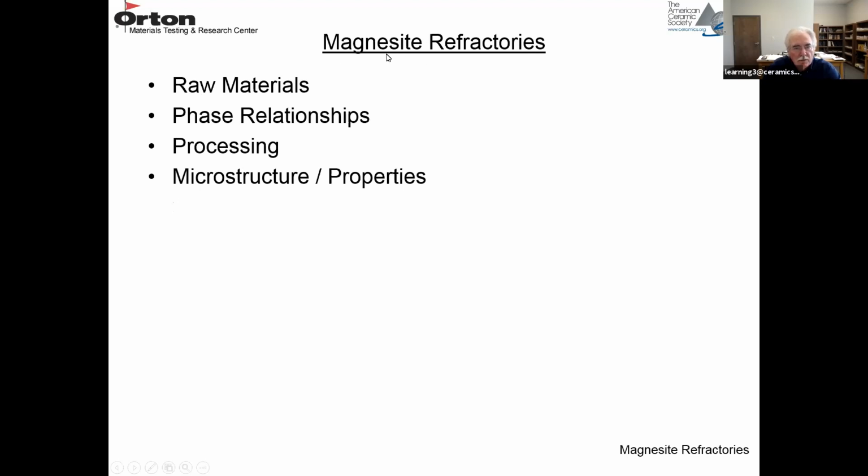And for each one of these materials, we're going to follow the same process that we did last week: raw materials, phase relationships, how these materials are processed, and then some of their key properties, and we'll examine the microstructure.